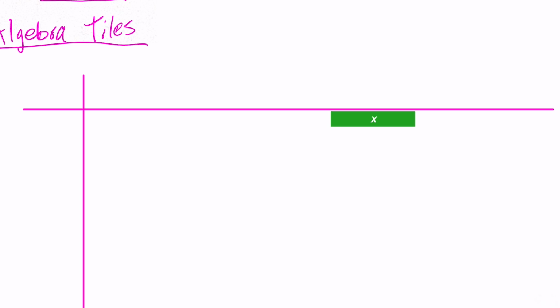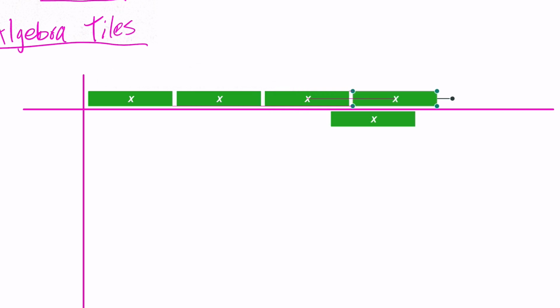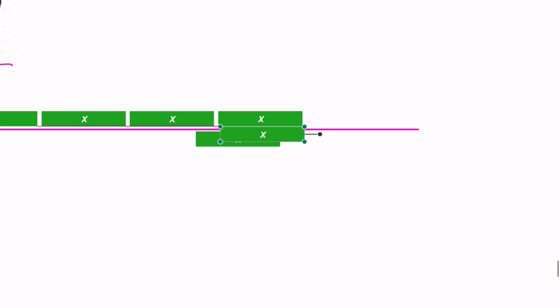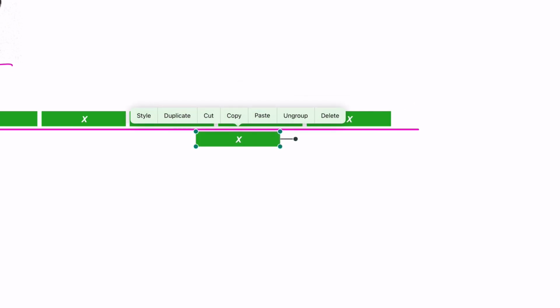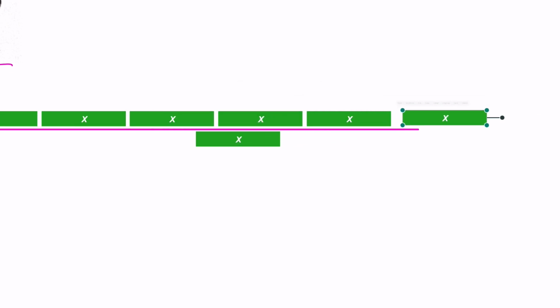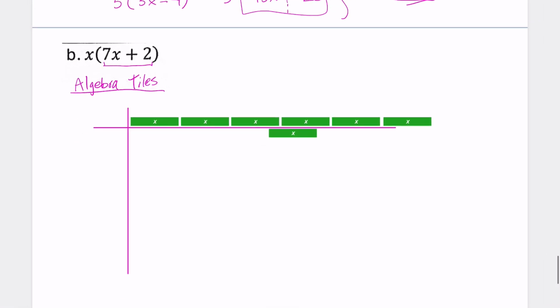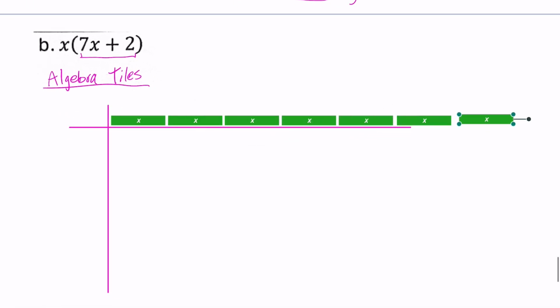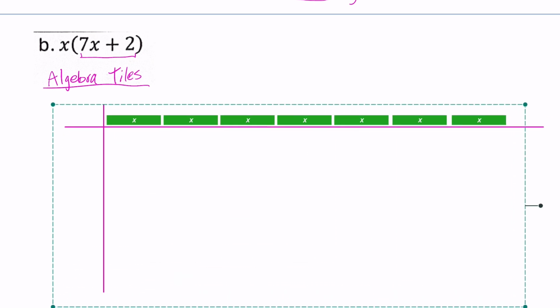So anyways, move the x's here. So there's 7 of them. So 1, 2, 3, 4, 5, 6. Oh, wow. Going all the way to the edge. And then 7. Okay, that's okay. I'll just extend this line a bit that way, and I can move all of this way.